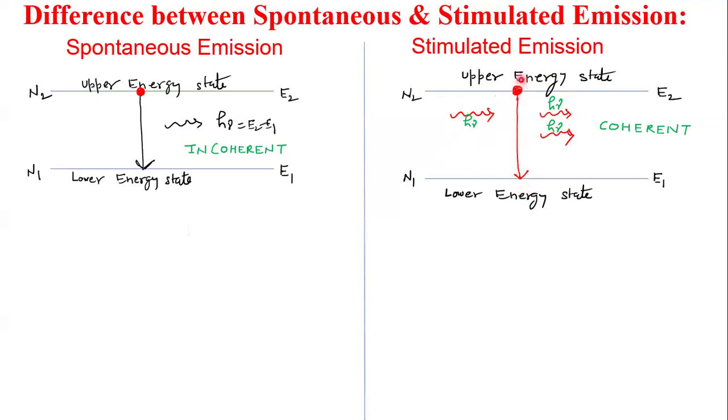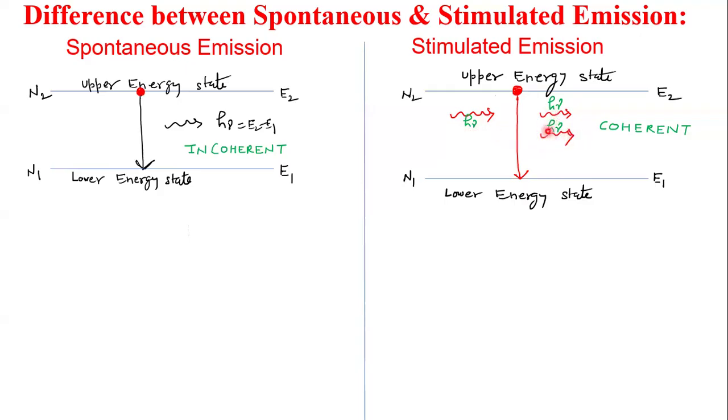But before that time period, this incident photon will stimulate this atom, trigger this atom, and compel it to make a transition to the lower energy state by emitting an additional photon of exactly the same energy h nu as the incident photon. So in that way, two photons will be emitted here.